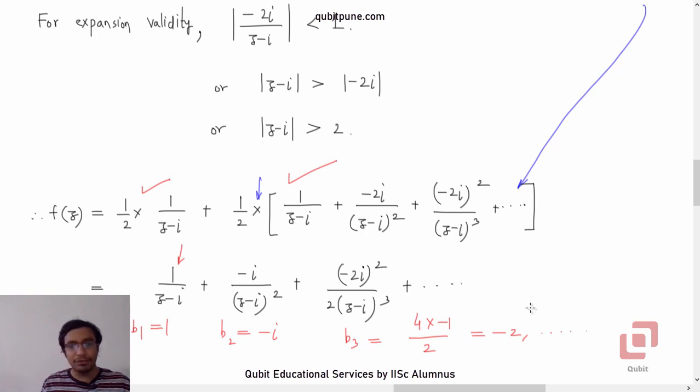Okay, so again you observe that this particular function is represented by a Laurent series which doesn't have the analytic part at all. Everything here consists of only the negative integral powers of z minus i.